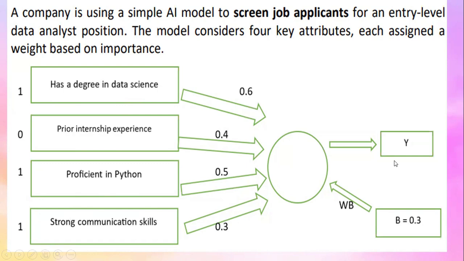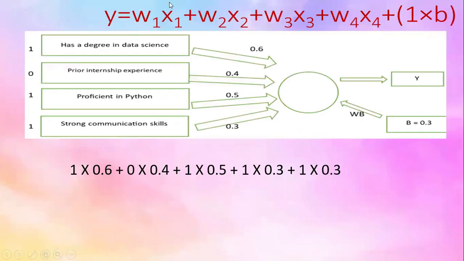Now, how are we going to calculate y? For this, we will use the same equation, the summation of all the products of weight and input. Here we take the first input 1 multiplied by its weight 0.6, the second input 0 multiplied by its corresponding weight 0.4, 1 multiplied by 0.5, 1 multiplied by 0.3, and then the bias value of 0.3.